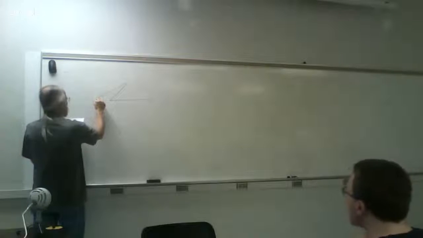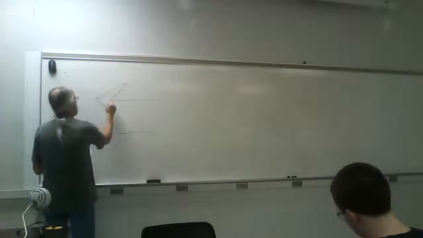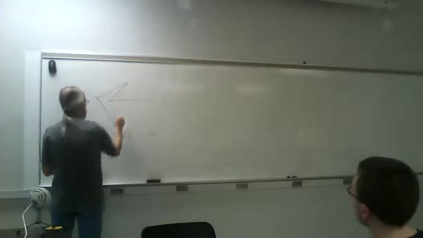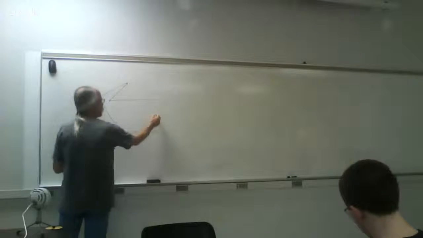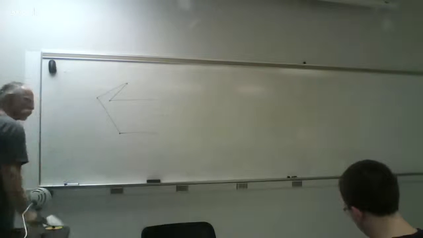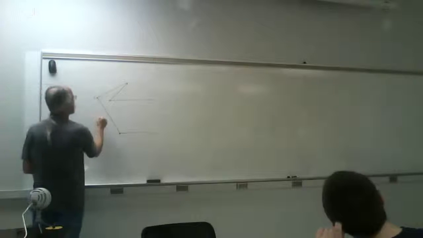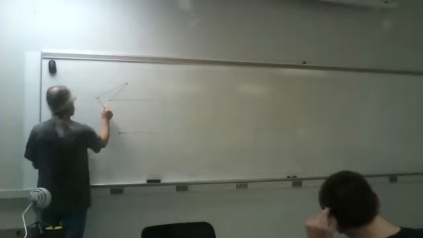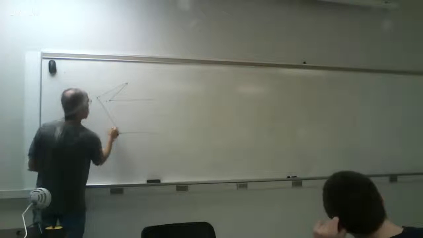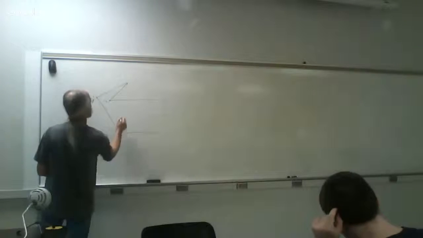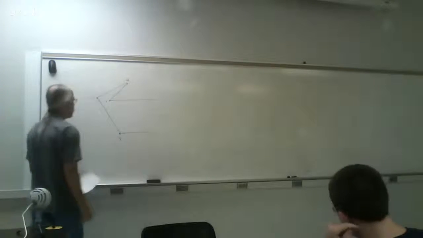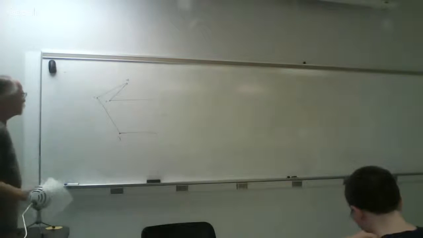And in terms of the order for the vertices, this will be the first one. This will be the second. This should be the third and the fourth in x coordinate order.